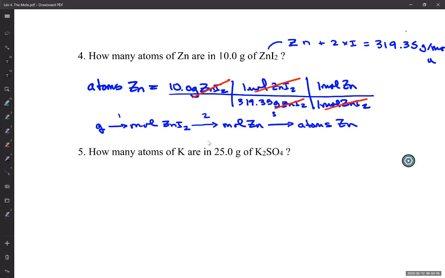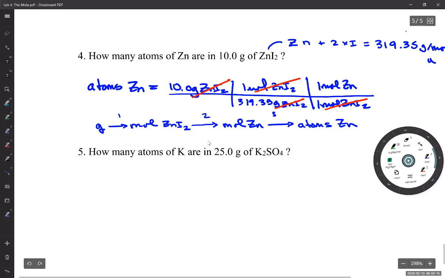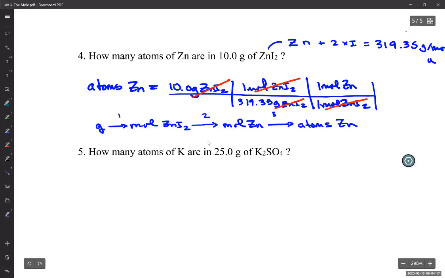And the last step, the third part of the process, is not that exciting. The last bit is to go like this: 6.022 times 10 to the 23rd Zn, right, those are atoms, for every 1 mole of Zn.